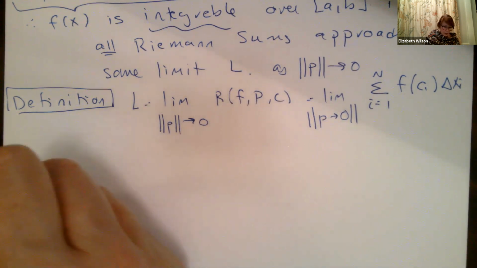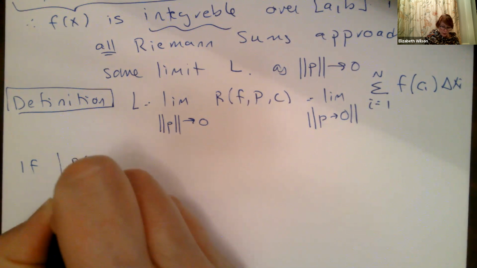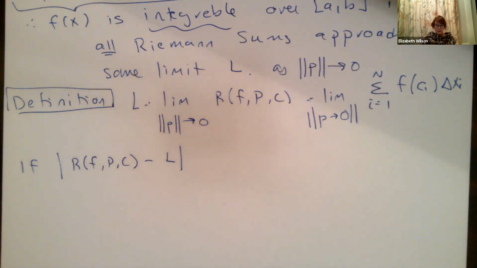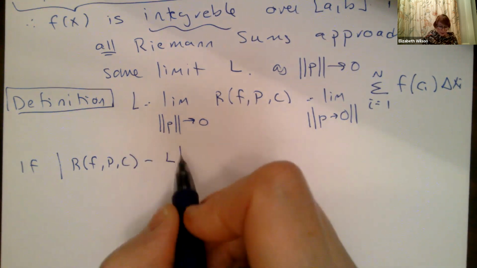So let's do this. If the absolute value of our Riemann sum minus our limit, right? This is like a magnitude. So I'm taking the difference between our limit and what I'm getting for the Riemann sum.